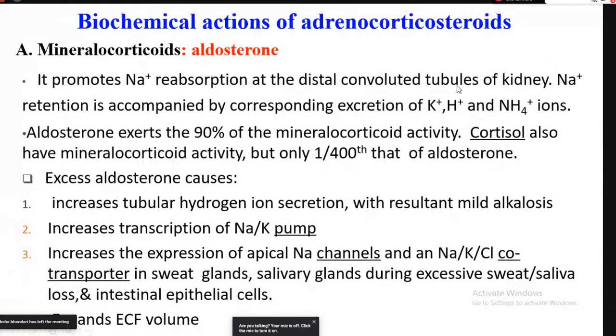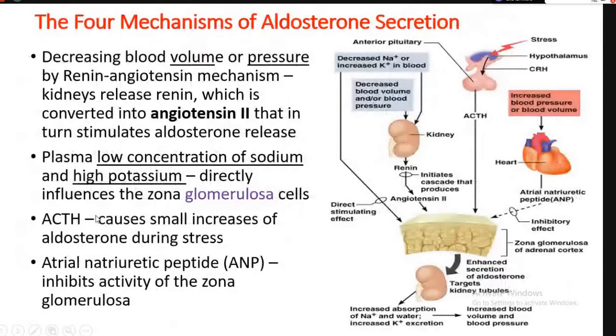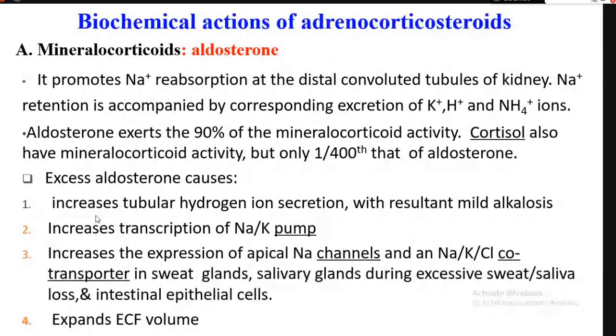It increases tubular hydrogen ion secretion with resultant mild alkalosis, increases transcription of the sodium potassium pump, increases apical sodium channels and the sodium potassium chloride cotransporter in sweat glands, salivary glands, and intestinal epithelial cells, and there is expansion of extracellular fluid volume. So these are the major actions of mineralocorticoid excess.